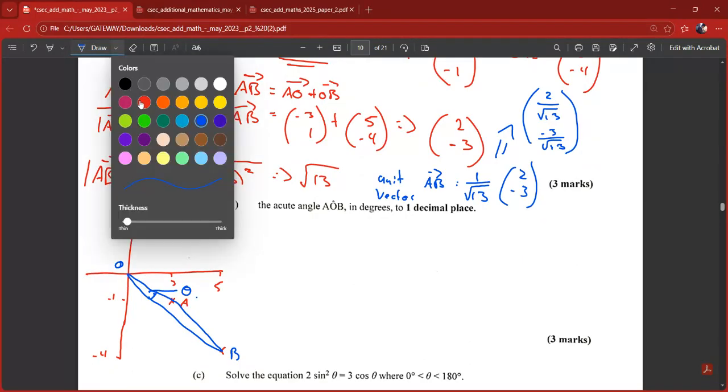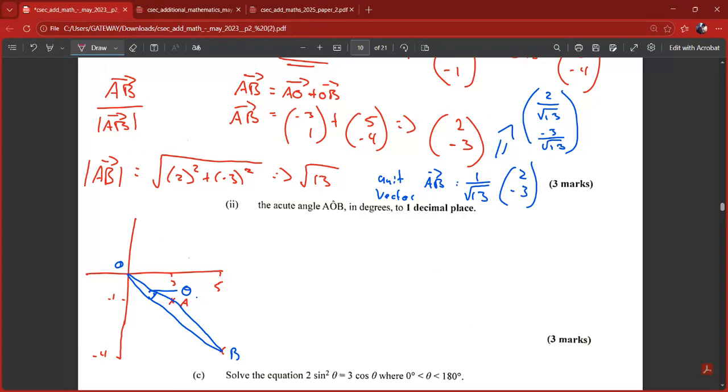So we use the formula cos theta is equal to the product of the vectors. So it will be OA dot OB, the dot product, all over the product of the modulus. So it will be the modulus of OA times the modulus of OB.